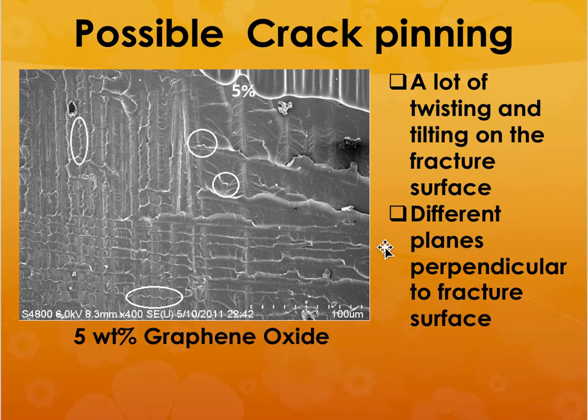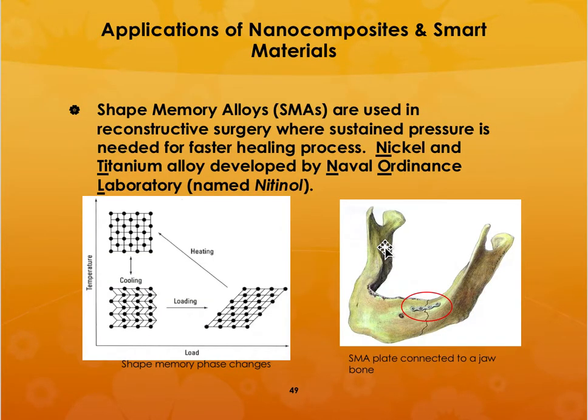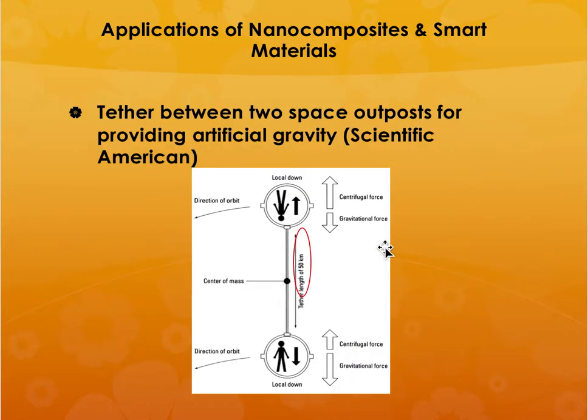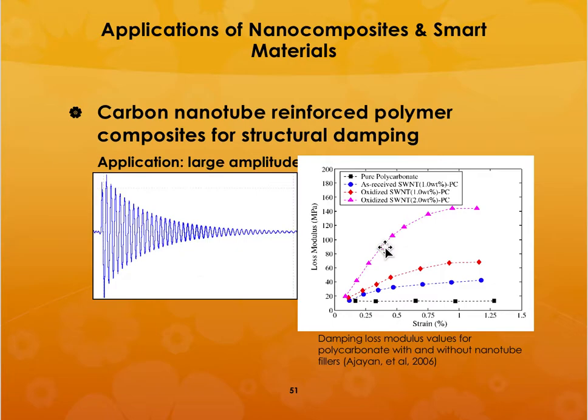But when you have these nanoparticles, it stops the crack and it adds to the toughening or the interlaminar strength of your composite material. I'm going to jump through these next few slides. I'm not going to talk about that. You can take a look at that if you are interested, but I'm not going to talk about that at all.